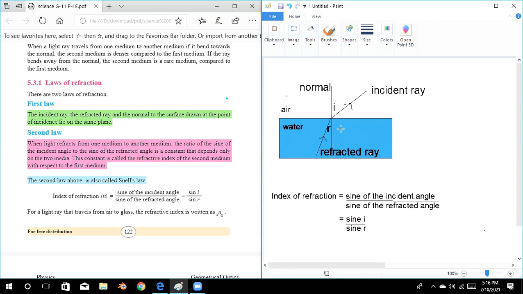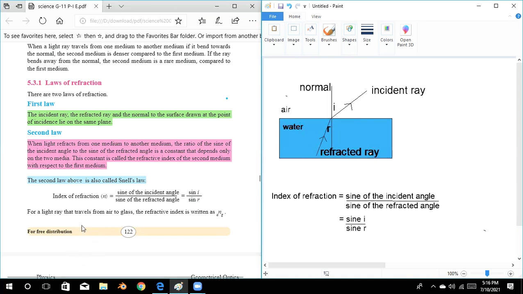The arrowhead is here, so the light ray is going through the water medium from the air medium. Then n, what is the symbol n? The symbol n is the index of refraction.